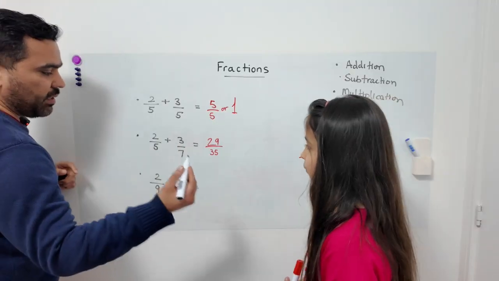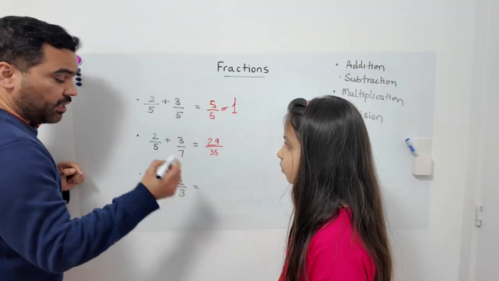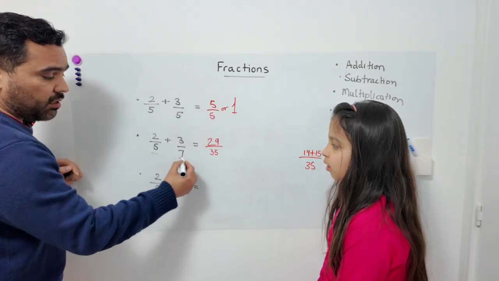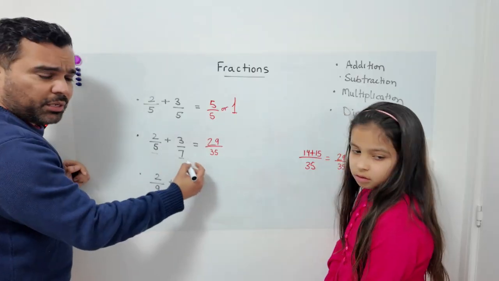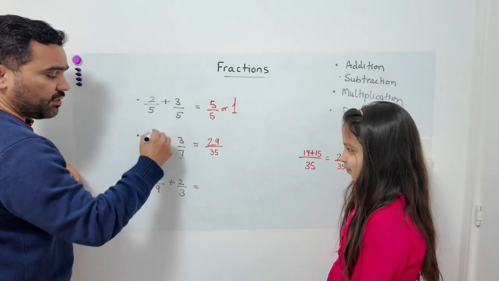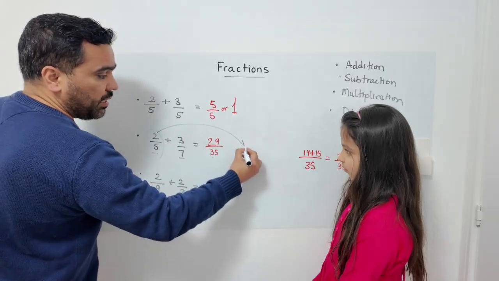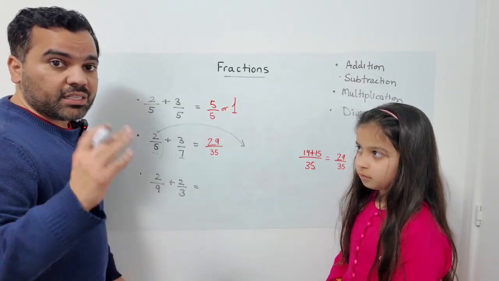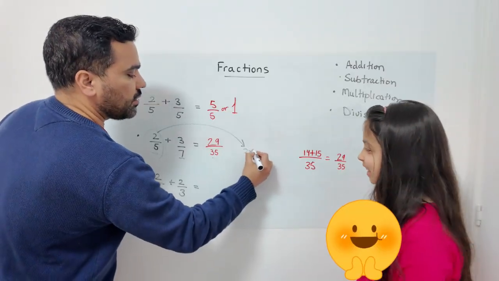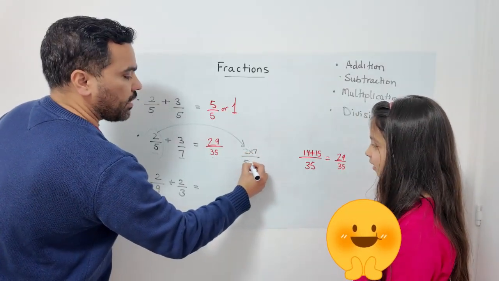Fine, but just to explain a little more: to make the denominator common, the lowest common multiple would be 35. Look at this fraction: you multiply numerator and denominator by the same number, so that gives you 2 times 7 and 5 times 7.